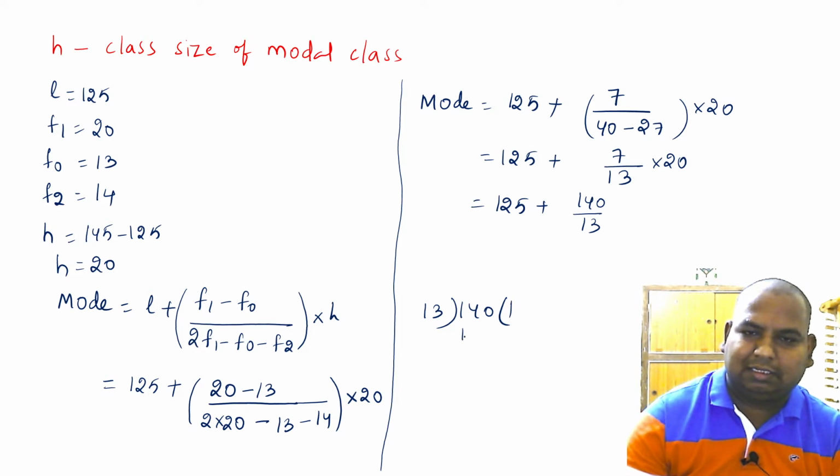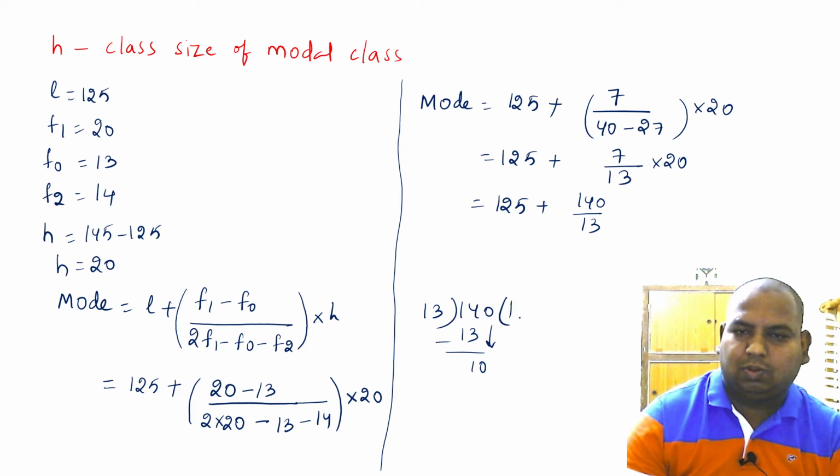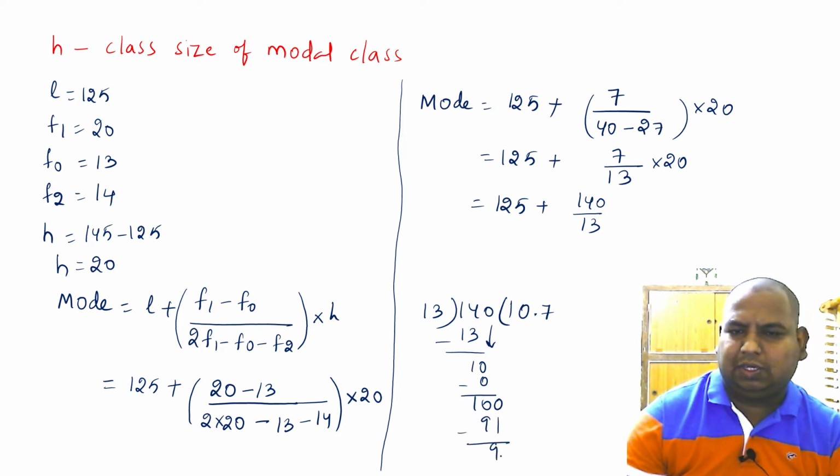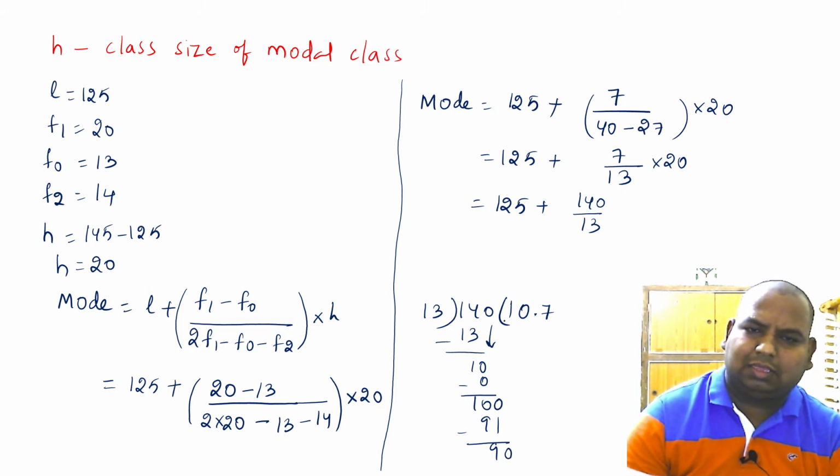13 ones are 13. Remainder is 1. Bring down 0. 13 zeros are 0. Remainder is 10. Decimal 0. 13 sevens are 91. Remainder is 9. You can add a 0 here. 13 6s are 78.